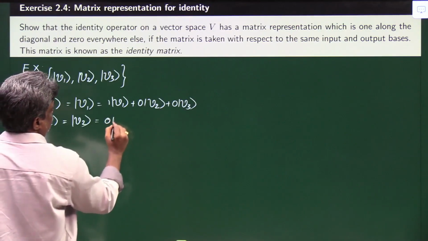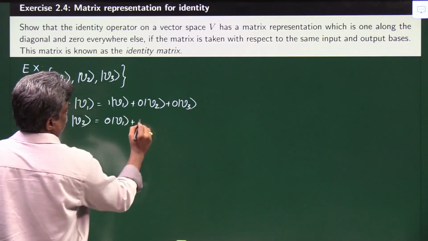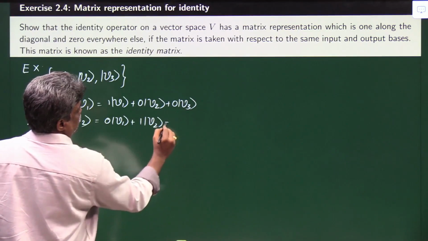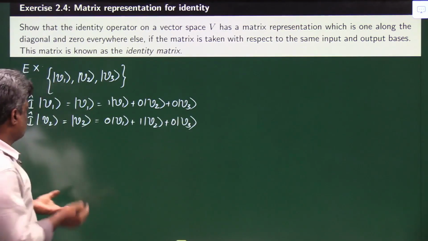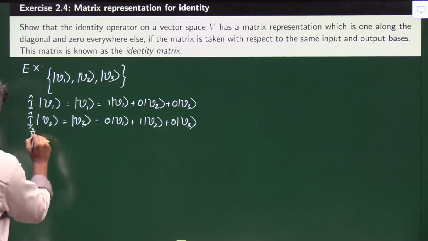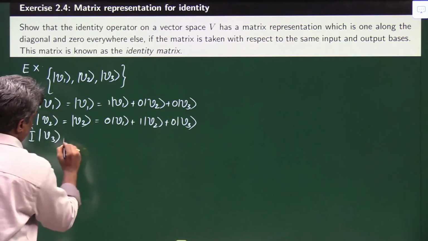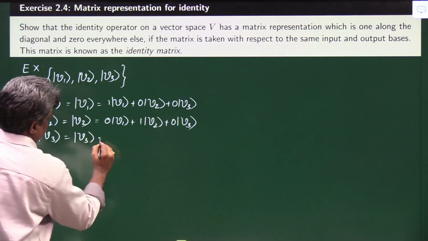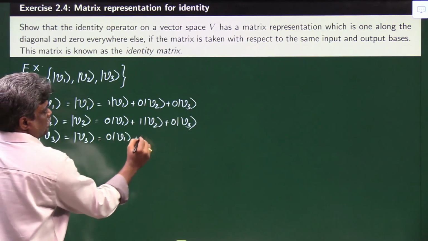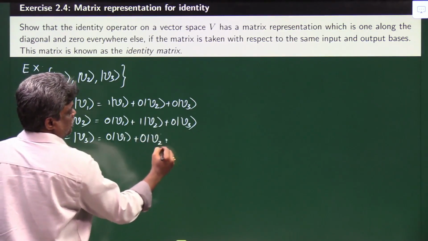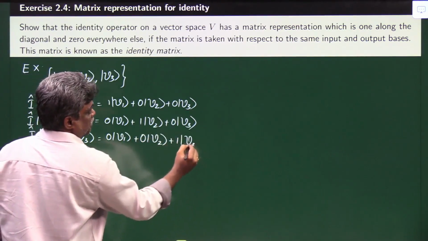This can be written as 0 V1 plus 1 V2 plus 0 V3. If you take V3, similarly, the identity operator operating on V3 gives V3 only. And this can be written as 0 V1 plus 0 V2 plus 1 times V3.